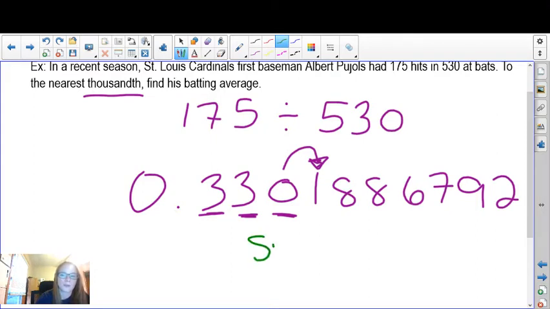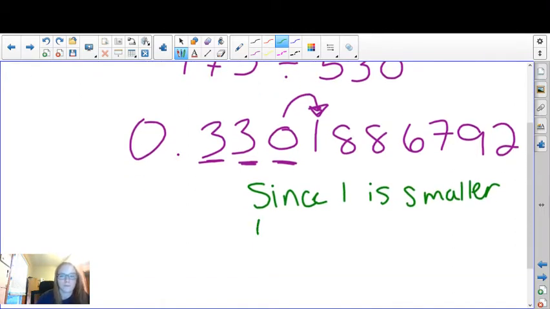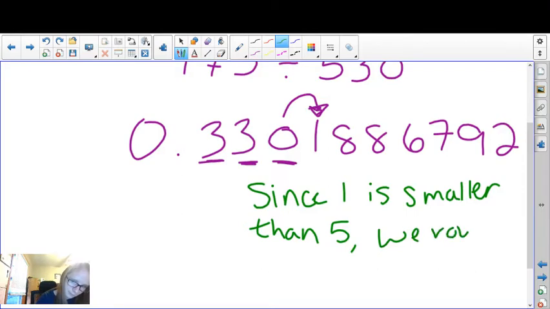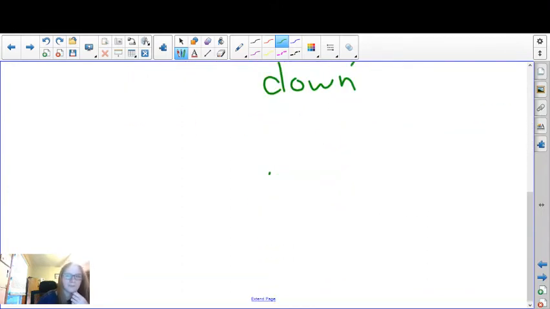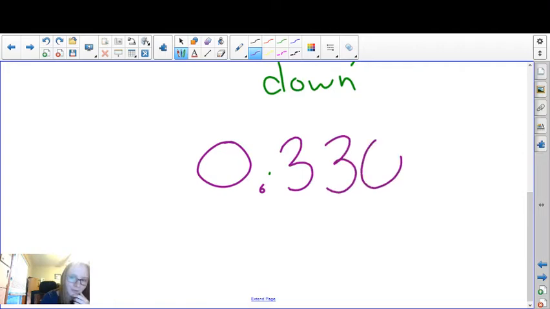Since 1 is smaller, we round down. So his batting average was 0.330.